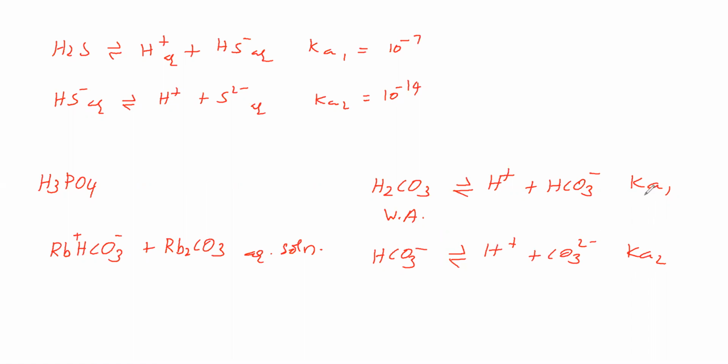Ka2 is always less than Ka1 for the same substance. We should not compare with different substances. This Ka2 we have to compare with this Ka1 only. Now we can say this Ka2 is smaller than this Ka1. Like this only it will be.